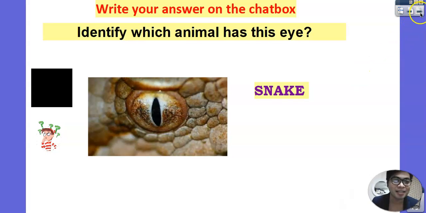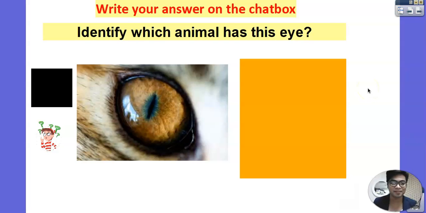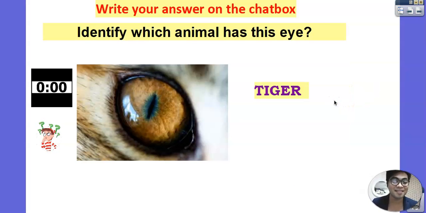That is awesome. Here's question number 3. Let's see if you get it correctly. It's just simply a tiger.